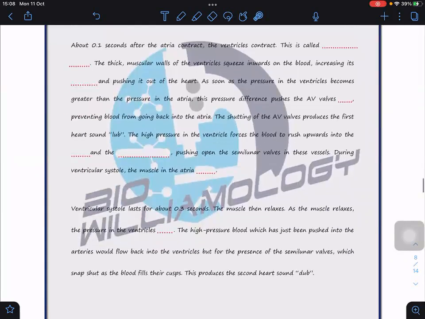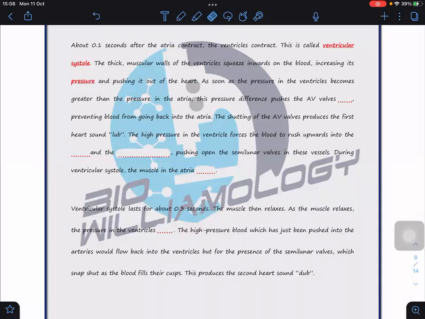About 0.1 seconds after the atrial contraction, the ventricle contracts. This process is termed ventricular systole. The thick muscular wall of the ventricle squeezes inwards onto the blood, increasing its pressure and pushing it out of the heart.